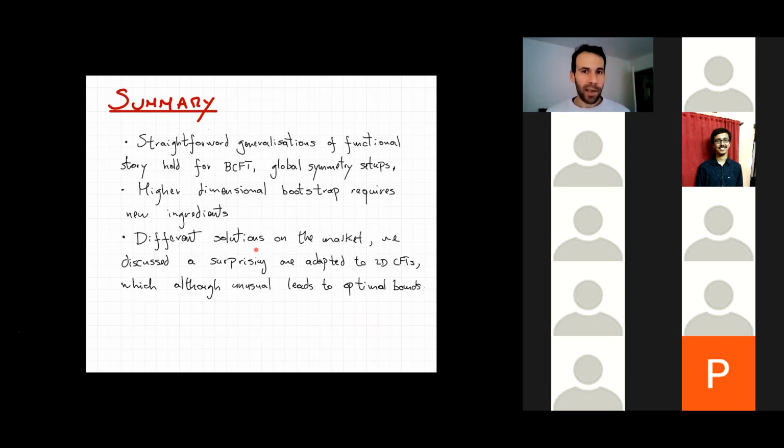So to summarize, I told you that there are some straightforward generalizations of the functional story for BCFT and for global symmetry setups, but in higher dimensions, it requires new ingredients. There are different solutions on the market, and we discussed a couple of them.